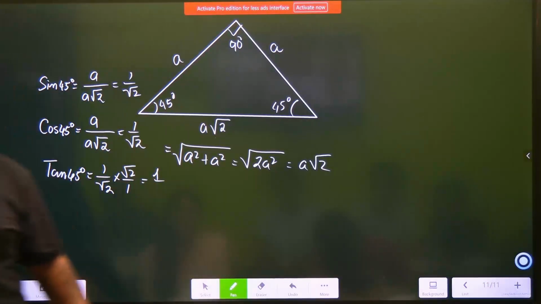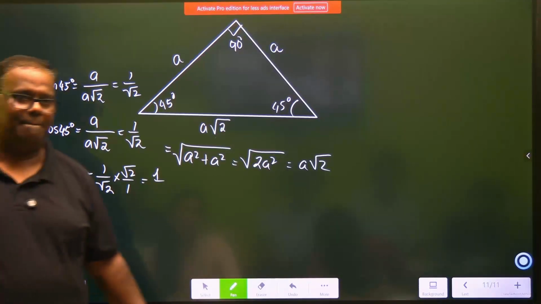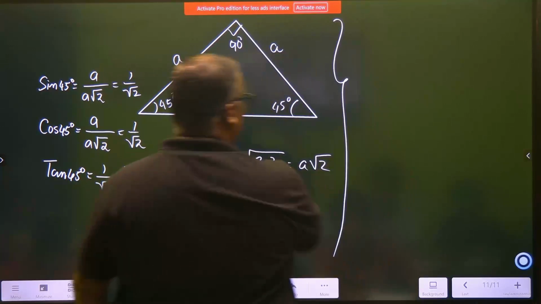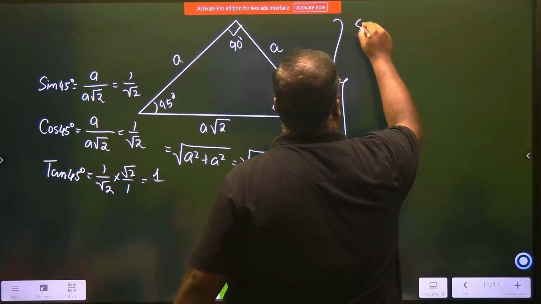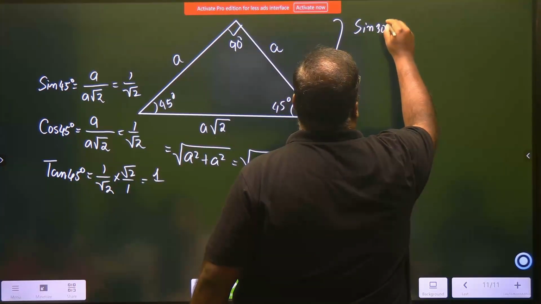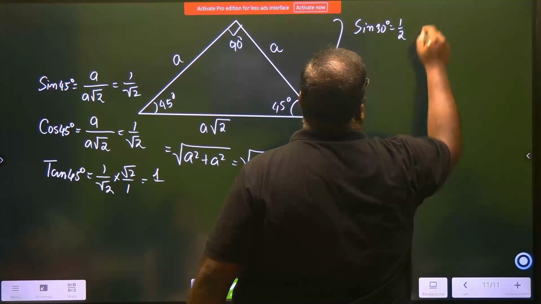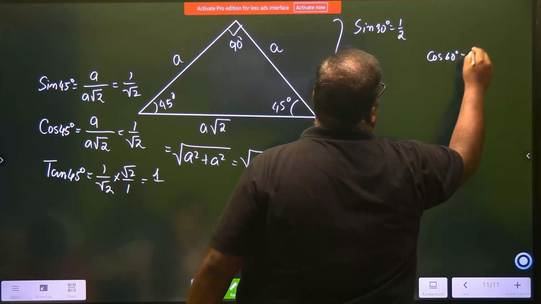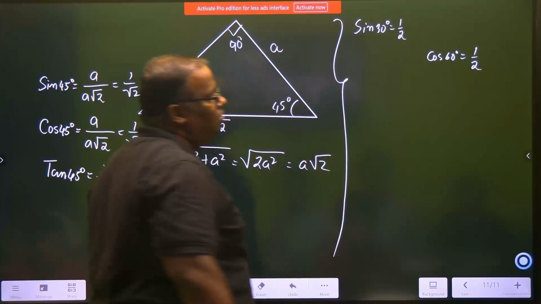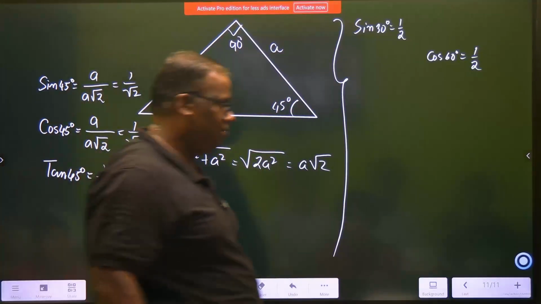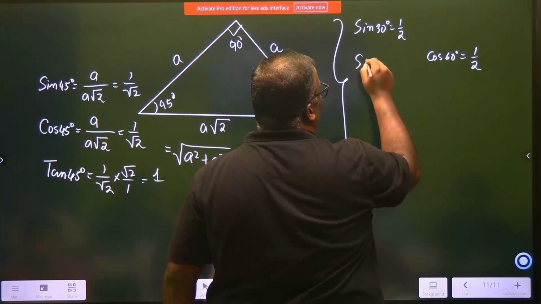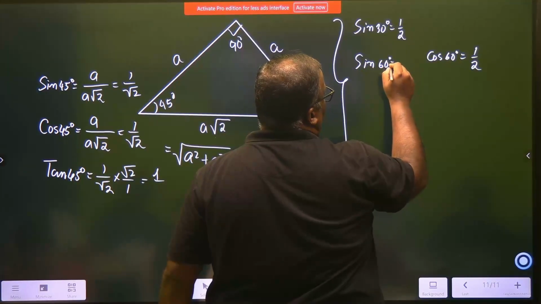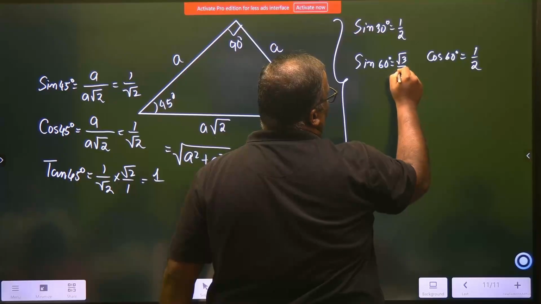Did you see something? It makes us understand something which you have not yet seen. Let's see what it is. Sine 30 is half, and so is cos 60, which is also half. Are you observing? Sine of 60 is root 3 by 2.